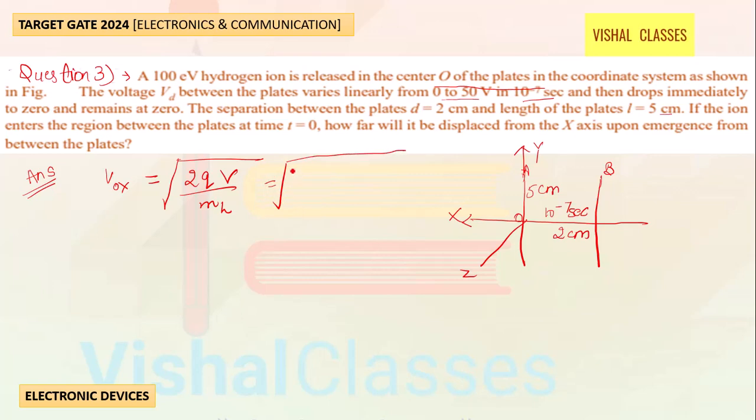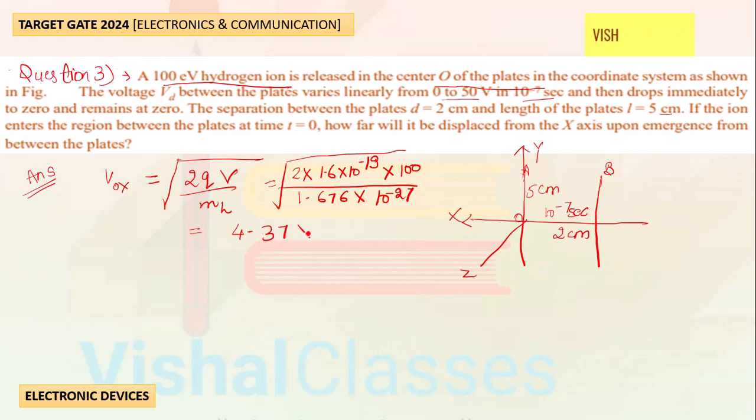Okay, 2 into 1.6 into 10 raised to power minus 19 into 100 electron volt, the potential. Mass of hydrogen ion is 1.676 into 10 raised to power minus 27. Evaluate it. I have already evaluated it, so I am directly writing it: 4.37 into 10 raised to power 5 meter per second.